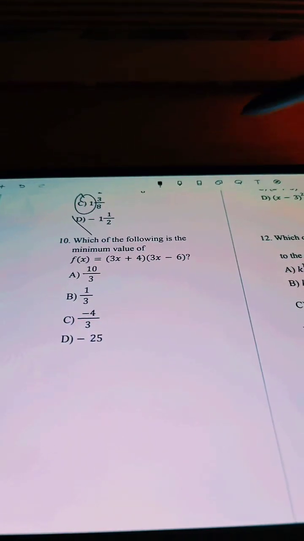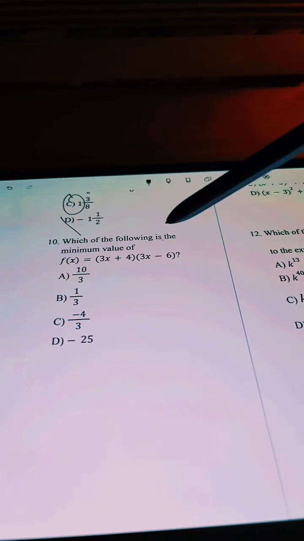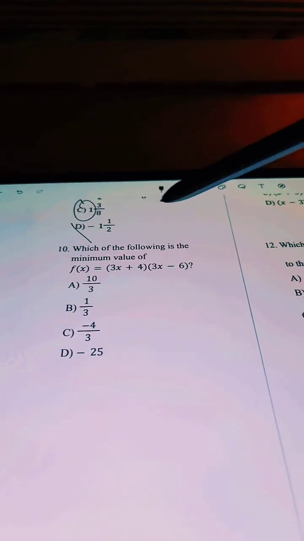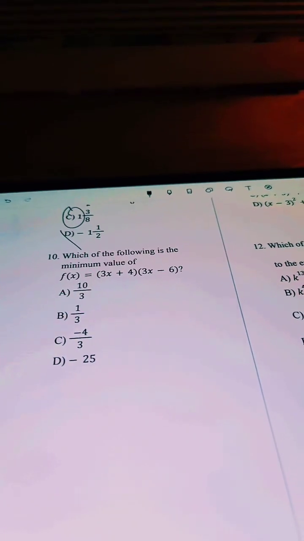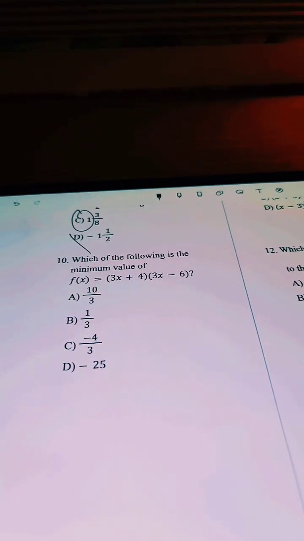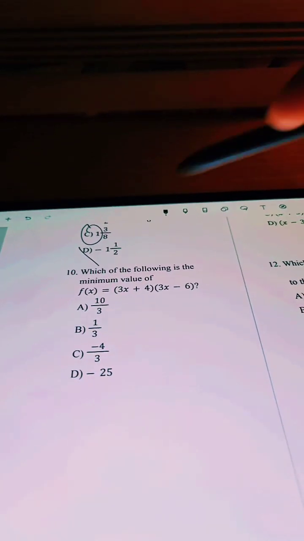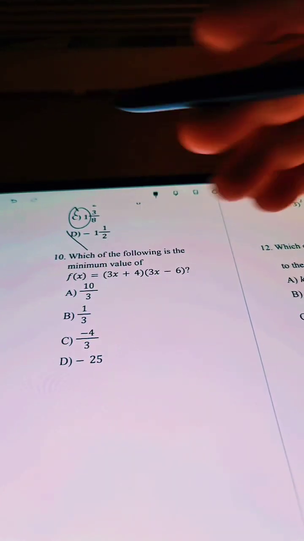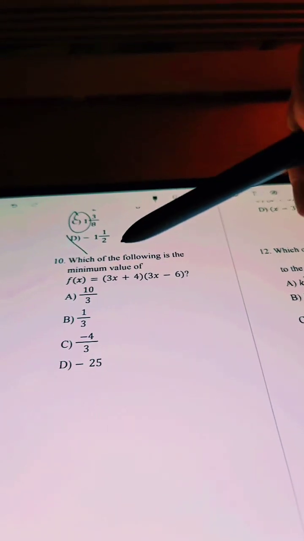Let's keep going to number 10 now. For number 10, we're trying to find the minimum value. A lot of people get confused about whether they're supposed to be finding x or y. When it's asking you for minimum or maximum value, it's asking you for the y, or in this case, the f of x. It's the y value that the minimum is at.